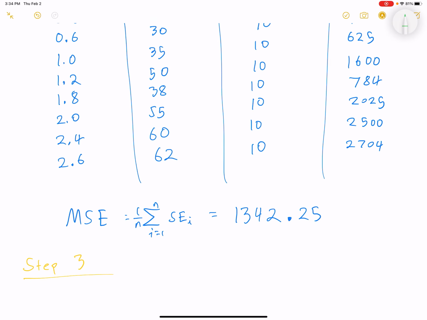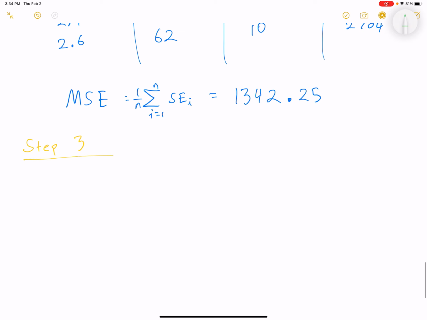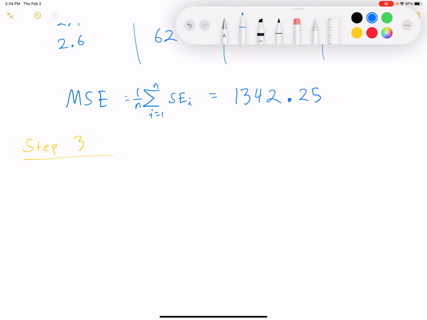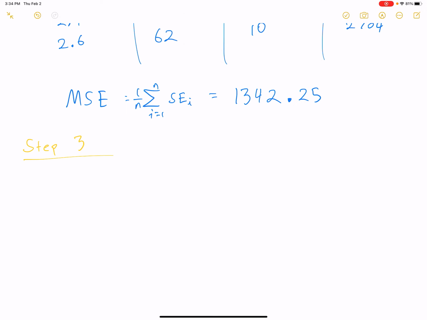Okay, so we want to calculate this partial derivative. And this is where the math doesn't really matter.